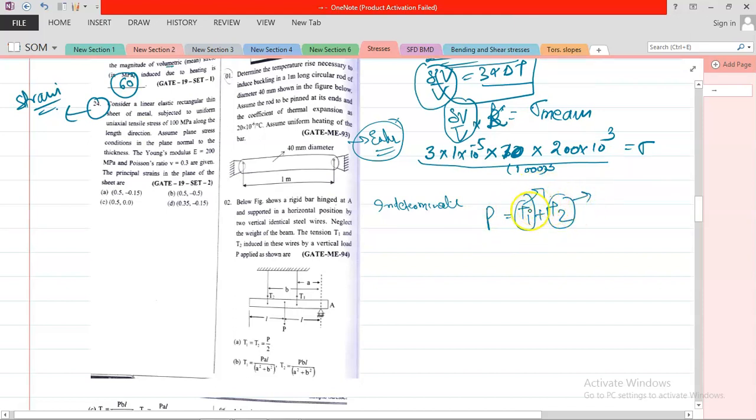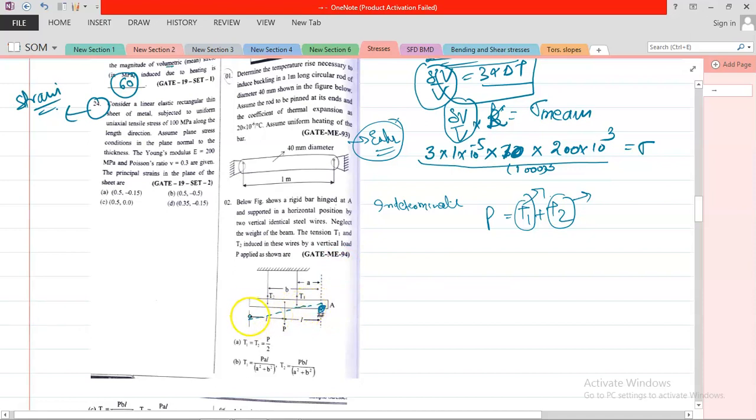The second thing is, it is given that the rod is in horizontal direction, but it doesn't mean that after the elongation it will be in horizontal direction. So we need to take the moment about A, because it is pinned, so the rod will go like this.